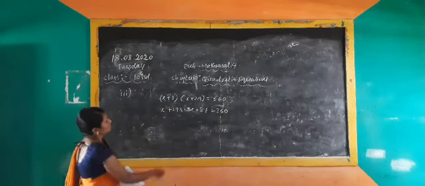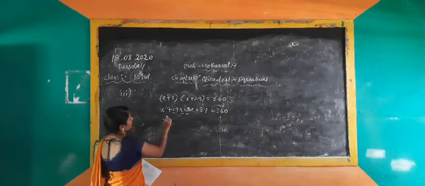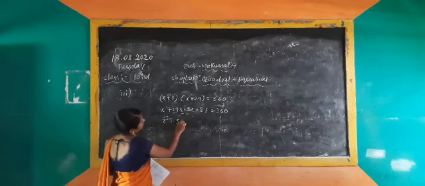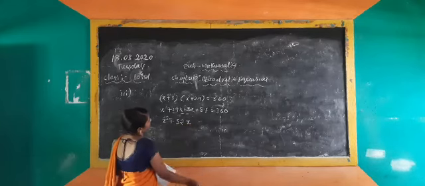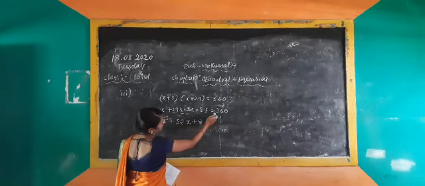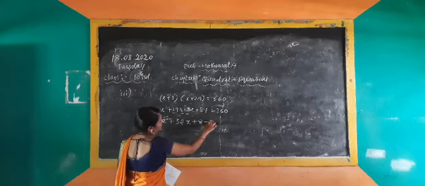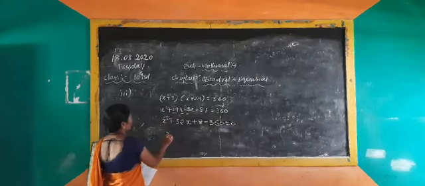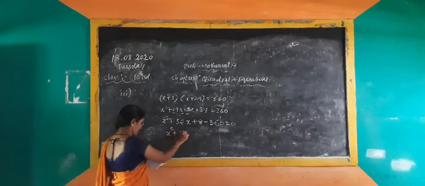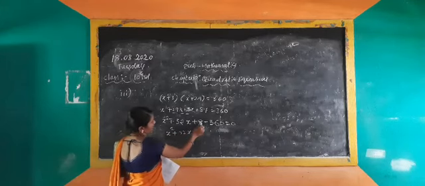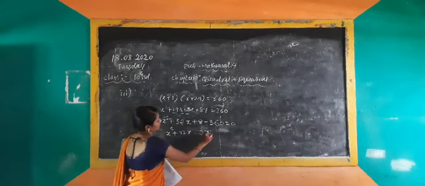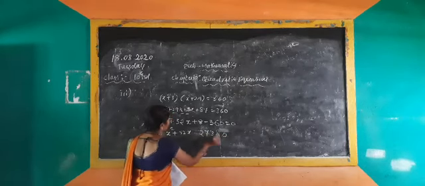Now solve the x terms: x square, 29 plus 3 should be 32x, plus 87. Taking 360 inside, minus 360 is equal to 0. x square plus 32x, here 87 minus 360 you have to solve. It will be minus 273, equal to 0.